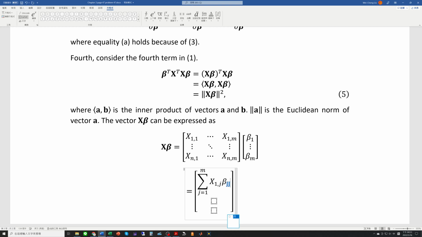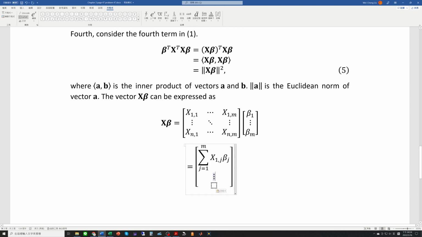Good. And vertical dots. And the last element is similar to the first element, except that 1 is changed to n.